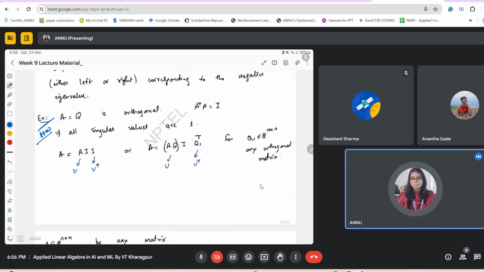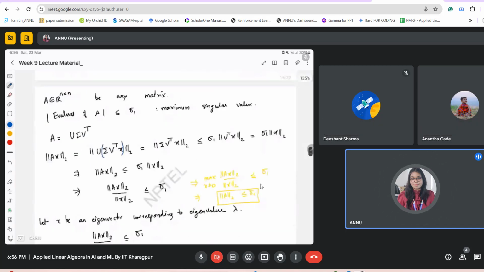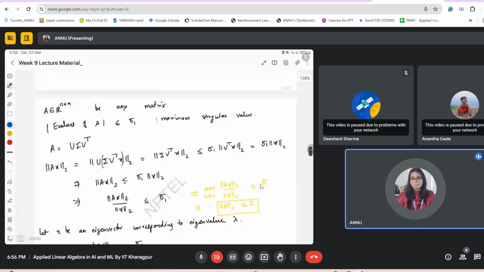If A belongs to R n cross n and is any matrix, the eigenvalues of A should be less than or equal to sigma 1, the maximum singular value. This is also very important: the eigenvalues of any matrix should be less than or equal to the maximum singular value. So what is the maximum singular value saying? If you recall the definition of eigenvalue and eigenvector, we saw that for any function, the axis of rotation is the eigenvector.